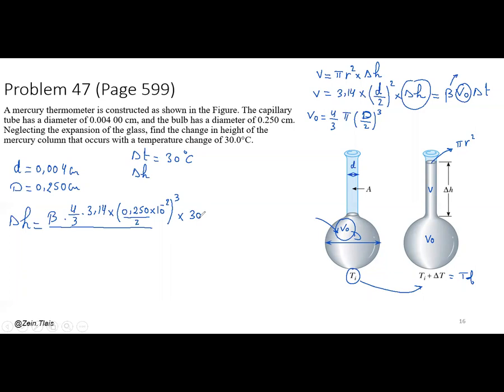Be careful, you have to put it in Kelvin, plus 273. Okay, delta T equals 30 C plus 273. We get here 303 Kelvin.